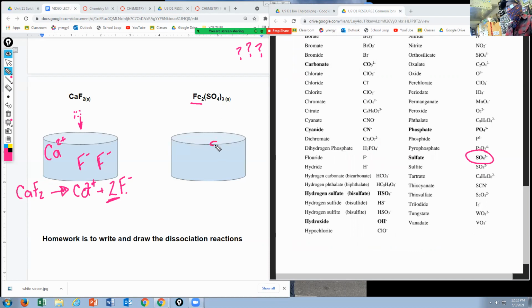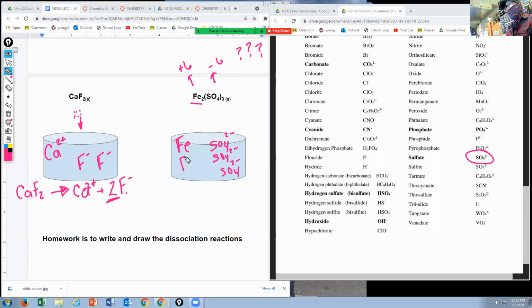So we have an SO4 with a 2 minus charge, three times. So this whole side equals a -6, which means that this whole side over here must equal a +6.